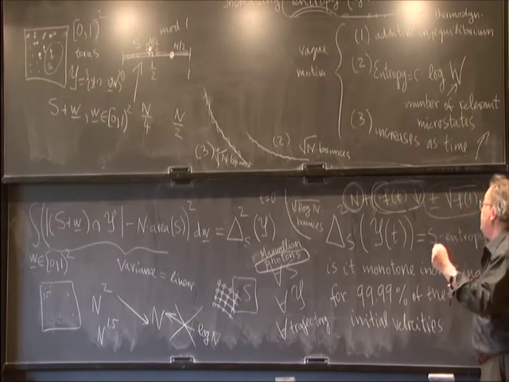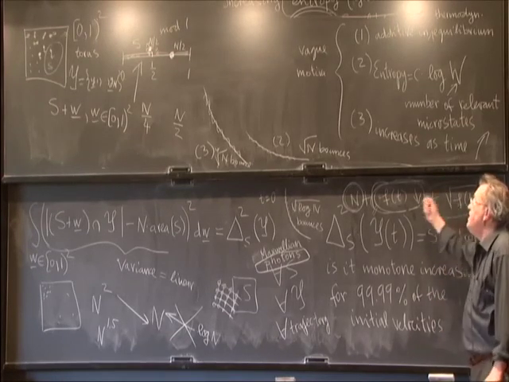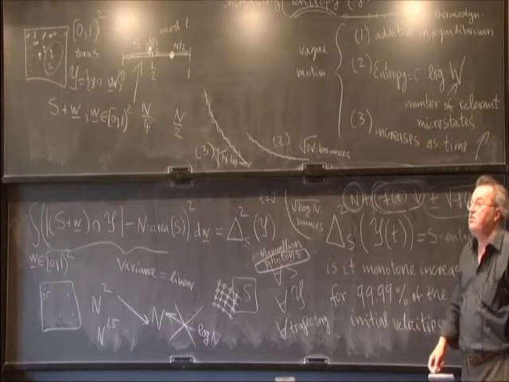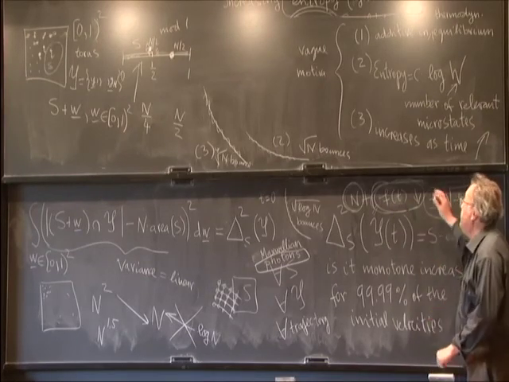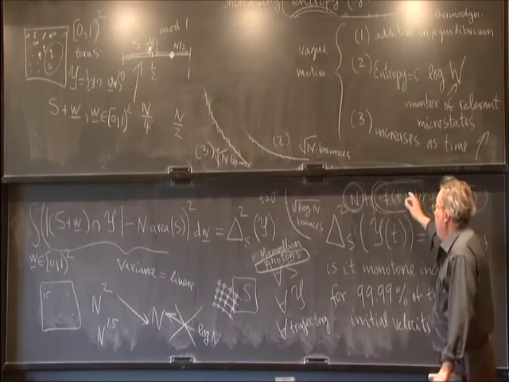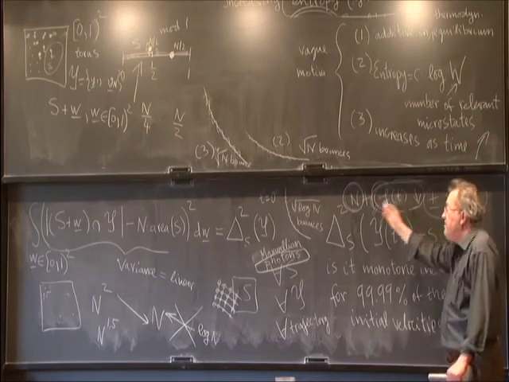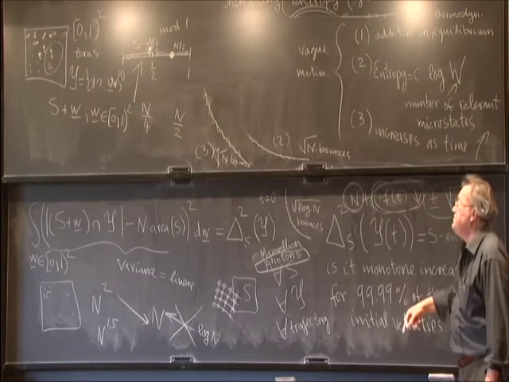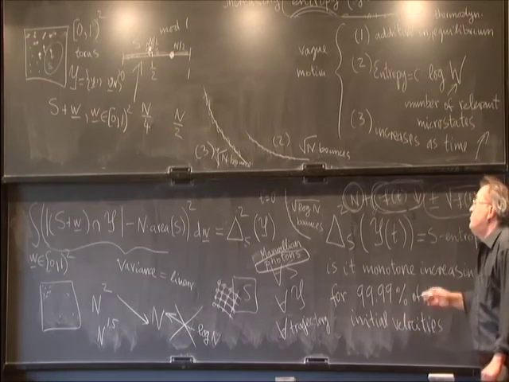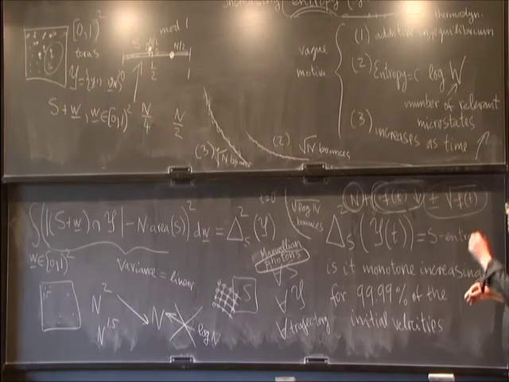But the punchline is that the fluctuation is negligible compared to the main term, so I cannot say it is 100% monotone decreasing, but it's practically monotone decreasing.